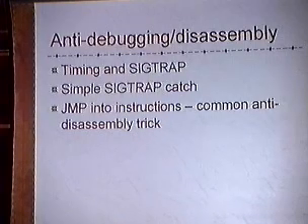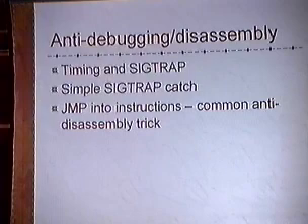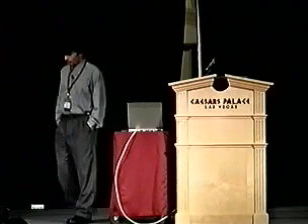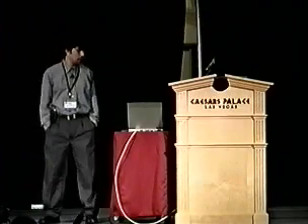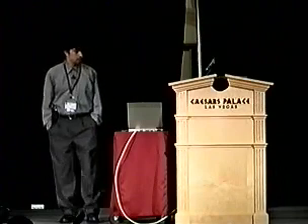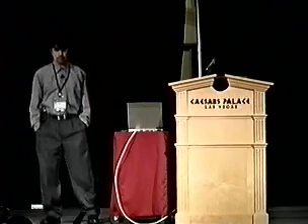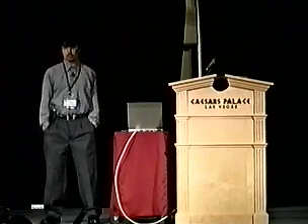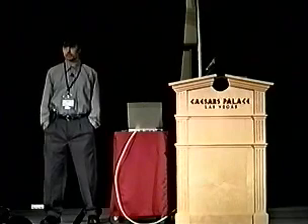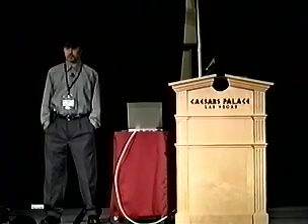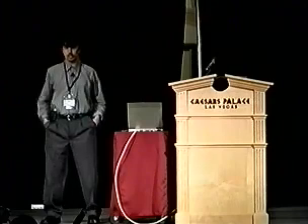As for anti-disassembly, this is a really old trick that's been around for years and used by a lot of people. On x86, or a lot of CPUs that don't require a fixed instruction length and don't require any alignment for those instructions, you can do a trick which I call jumping into instructions. If you have an instruction that should be 8 bytes long, the first 2 bytes could be whatever valid data, and the last 6 could be code that continues on.